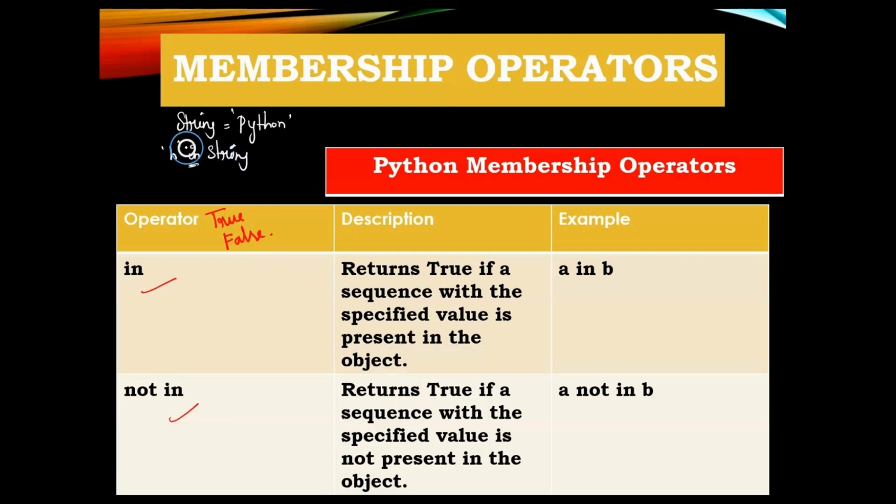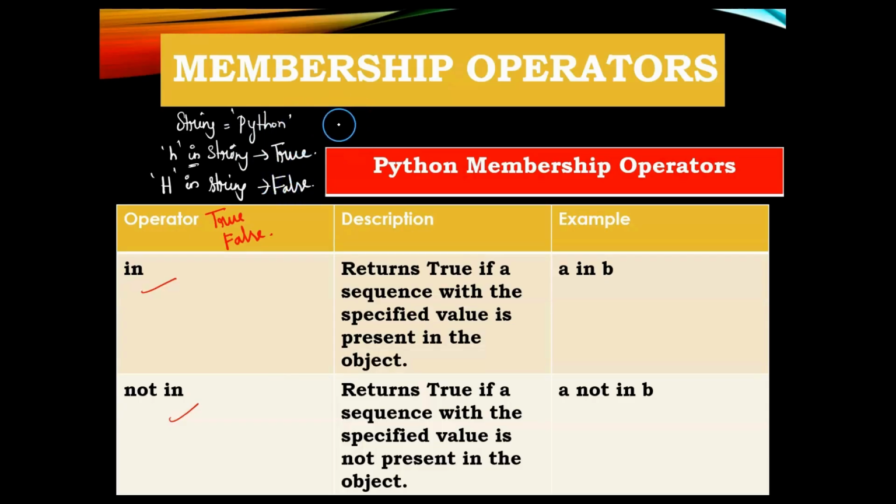Under the string variable we have Python, and in this Python we have the character h. That means it returns true. Let us check for capital H in string. There is no capital H, so it returns false. Understand?